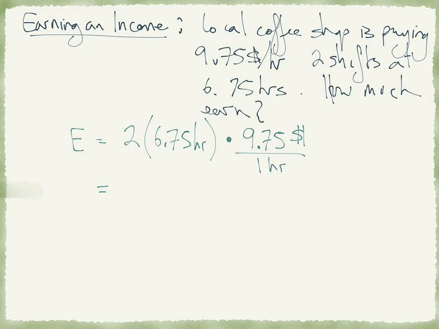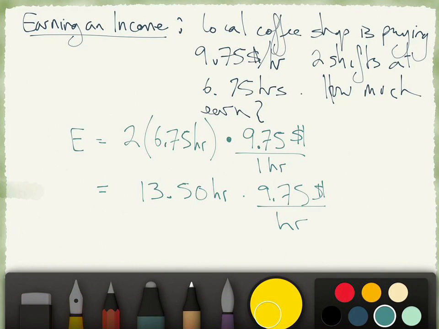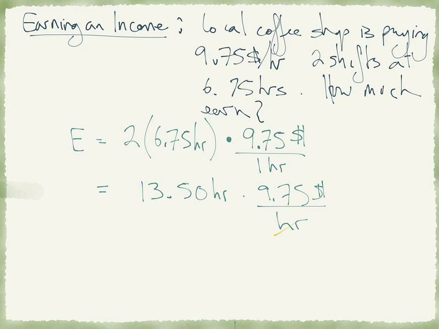And we'll see that 2 times 6.75 gives us 13.50 hours, times $9.75 per hour. And we can check and see that our hours cancel because this is in fact over 1. They multiply, same units reduce. We're left with money, which is perfect because our earnings, of course, are in dollars.